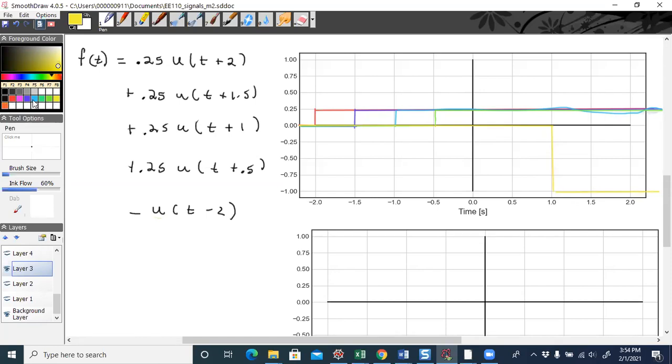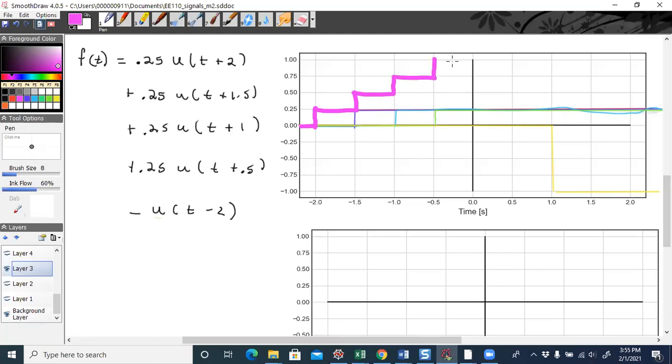And I'll take purple. So we're coming along, 0 plus 0 is 0, and we add 0.25 and we go to 0.25. We add another 0.25, we get to 0.5. Add another, and then we add it all the way up to 1.